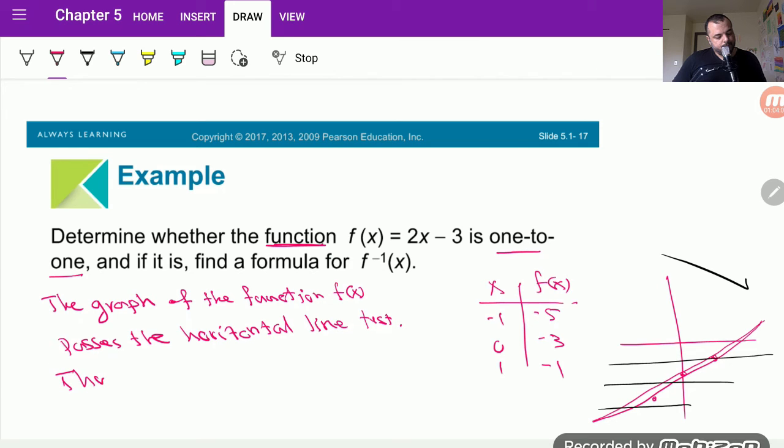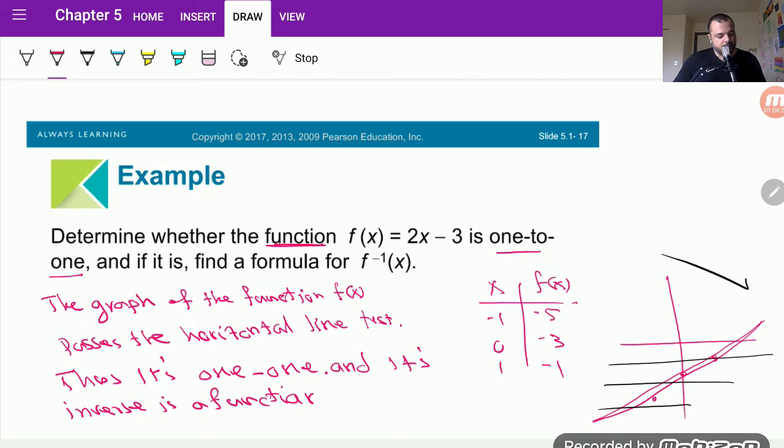Thus, it is one-to-one, and consequently its inverse is a function. So this is the first idea.